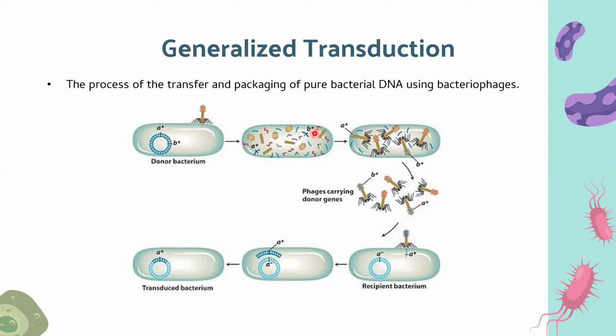Now, after the bacteriophage incorporates its DNA and you have this huge jumbled up mess of viral and bacterial DNA all within the cell, what can happen sometimes is that when those genes are repackaged, a specific bacteriophage might not receive any viral DNA whatsoever. It can just carry a chunk of bacterial DNA. Okay? As it carries this chunk of bacterial DNA, which in this case, let's consider it to be gene B plus, it can then go to a recipient bacterium and inject it with its DNA, right?